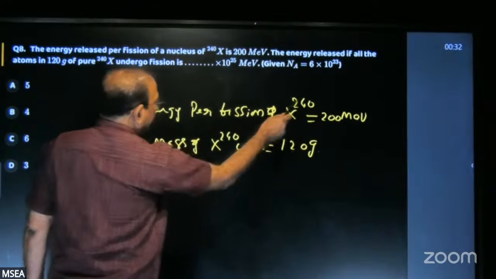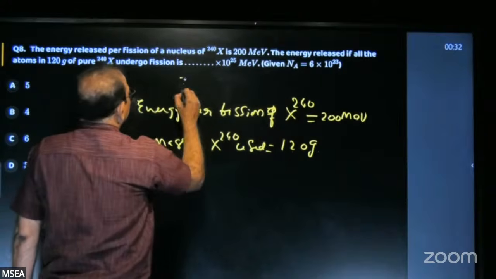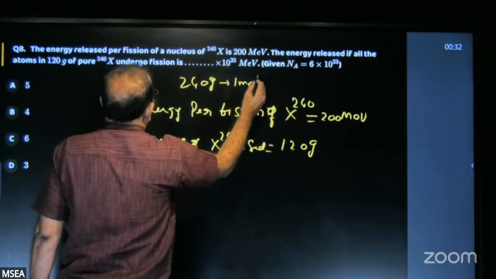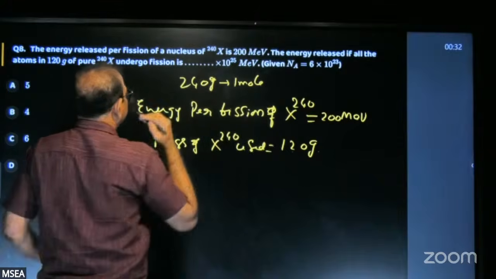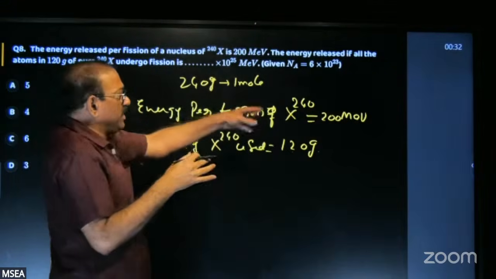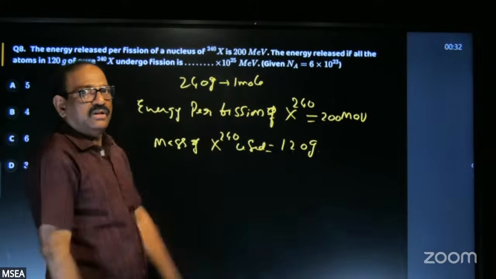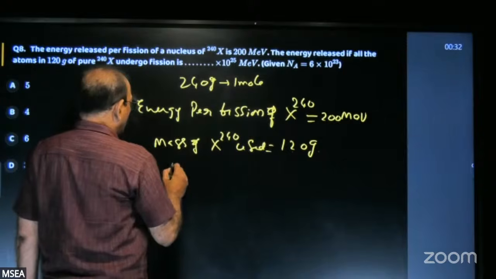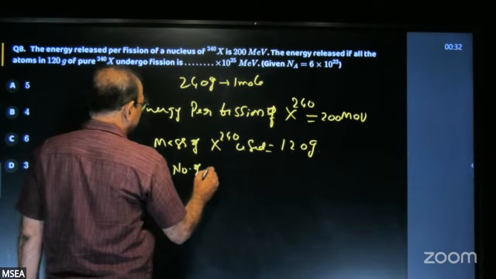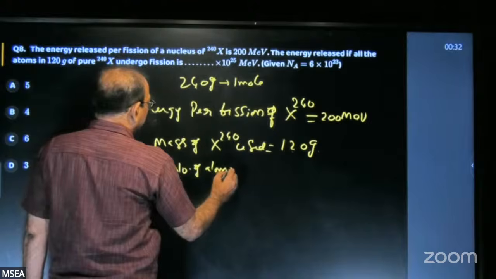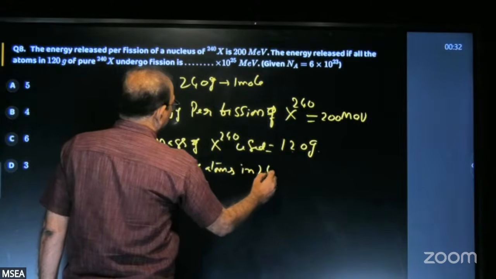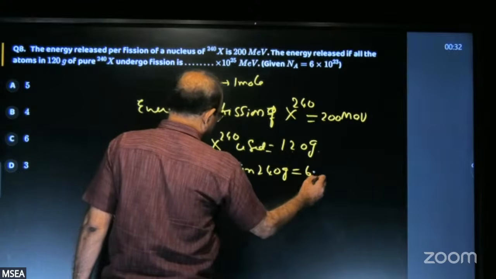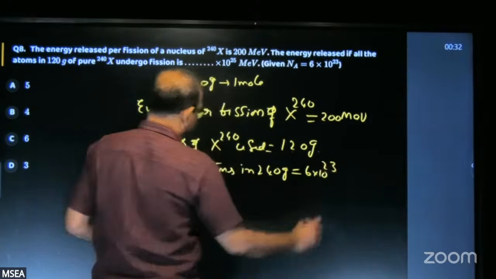Mass number 240 given. 240 grams of this element is 1 mole. Means in 240 grams of this element, N atoms are there, 6 into 10 power 23, Avogadro number. So, I am writing the same steps: number of atoms in 240 grams is 6 into 10 power 23, Avogadro number.